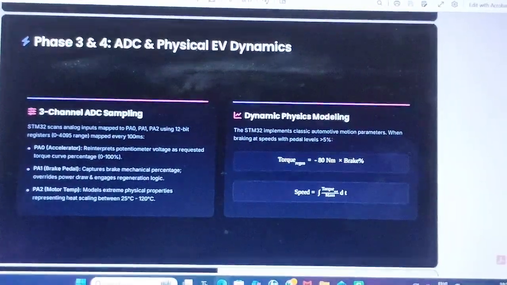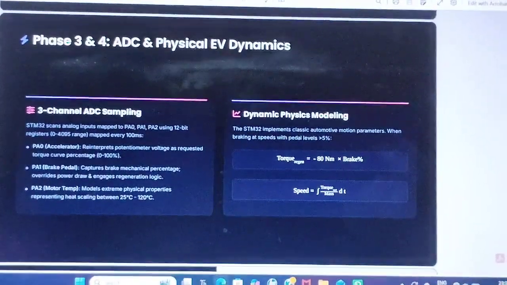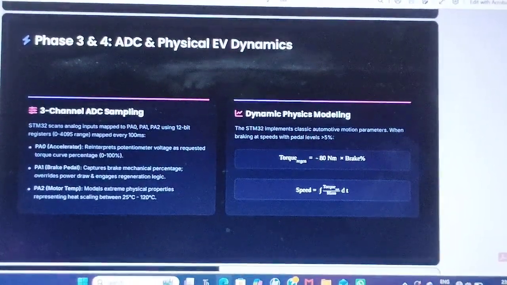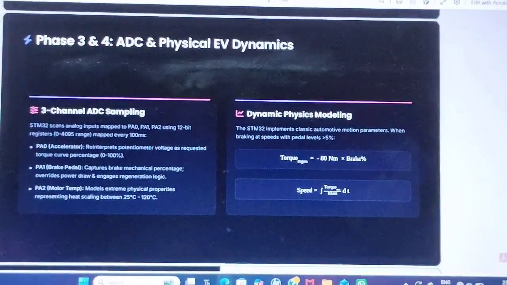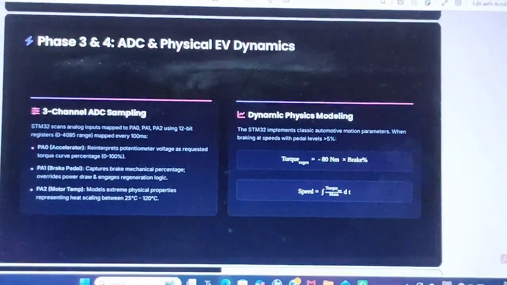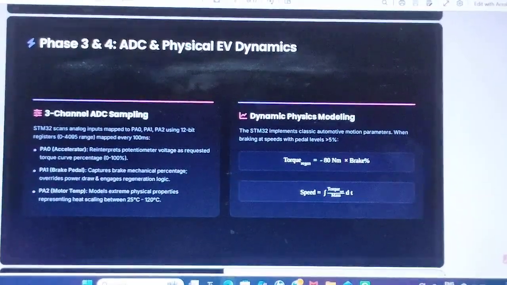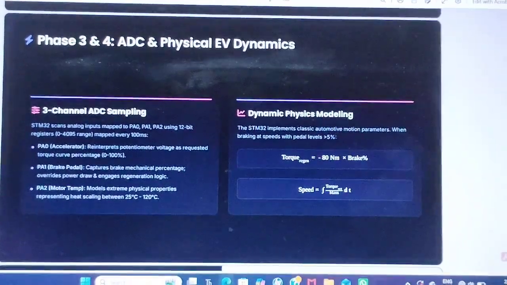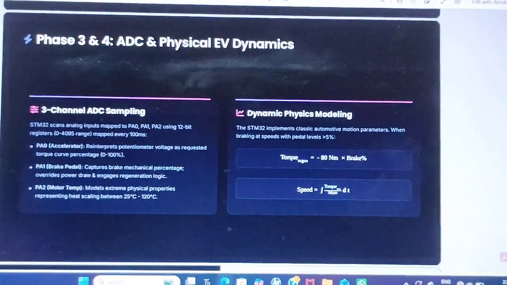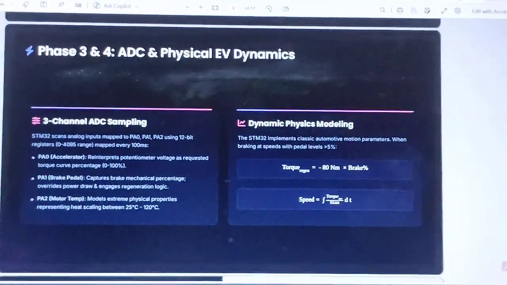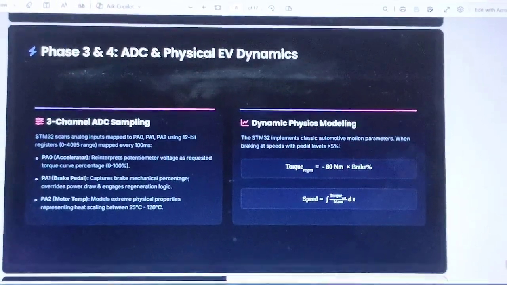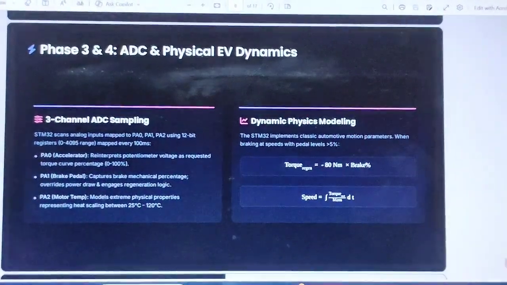PA1 is the brake pedal, capturing brake mechanical percentage, power draw, and engaging regeneration logic. PA2 is motor temperature, modeling extreme physical properties representing heat scaling between 25 degrees Celsius and 120 degrees Celsius.